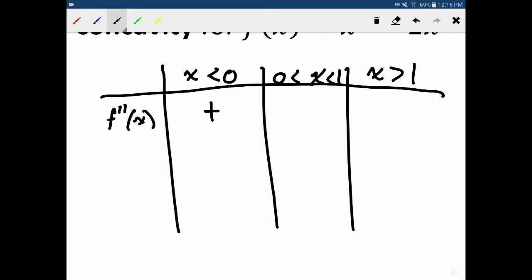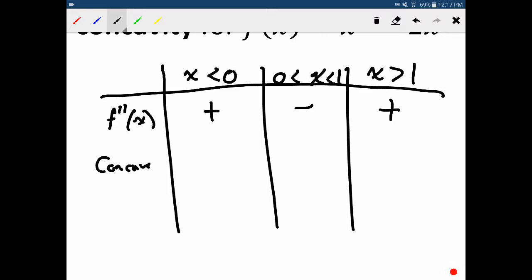If we pick a number that's between 0 and 1, it's going to give us a negative number. And then if we pick a number greater than 1, it's going to give us a positive again. So what this tells us is which way this is concave.